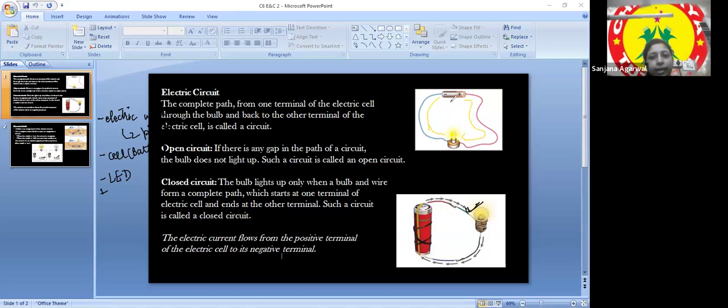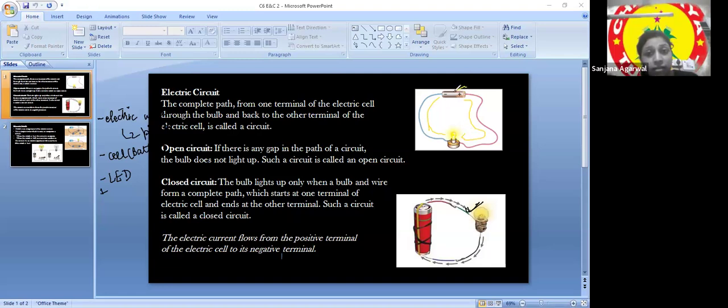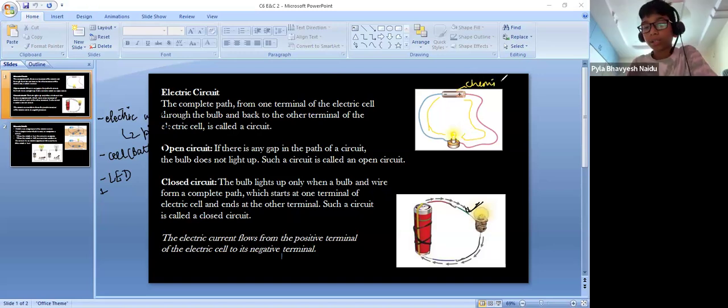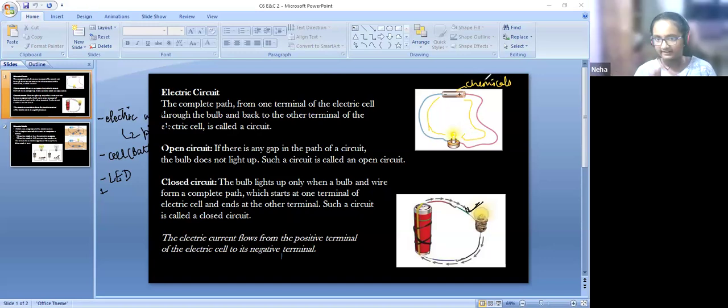What is present inside the cell? Ma'am, electricity. Ma'am, a rod in the middle. In the cell, I am asking. Ma'am, electricity and chemicals. Chemicals. Actually, we should say chemicals are present, which allow electricity to generate. Okay, so chemicals are there.